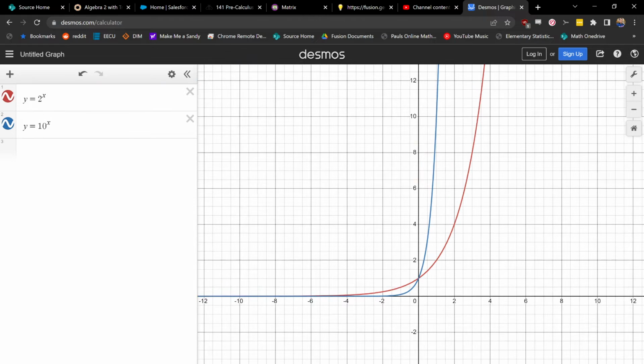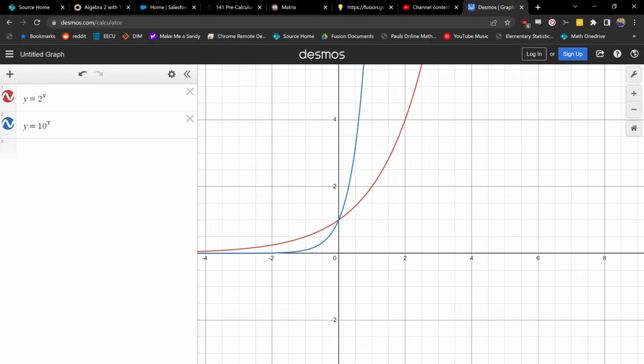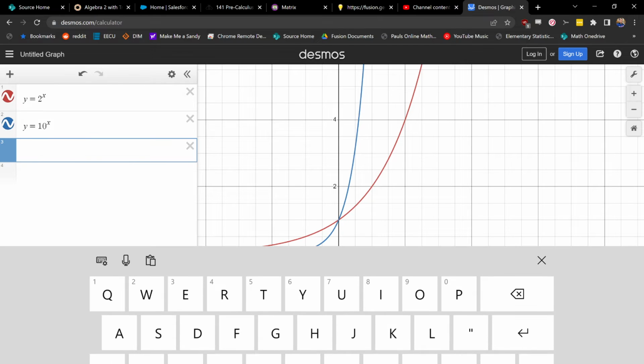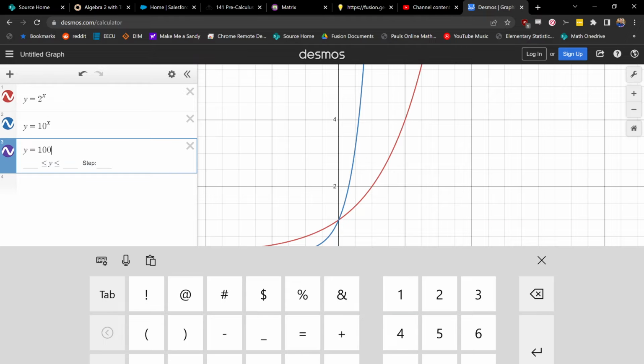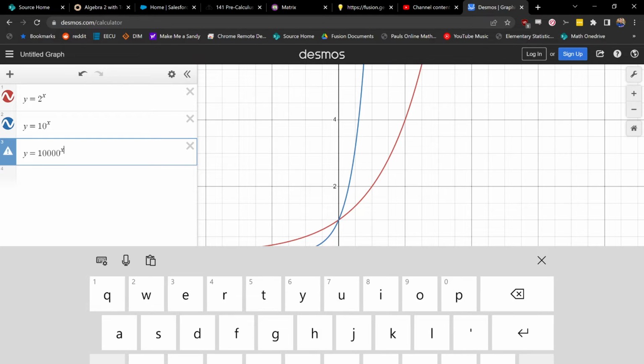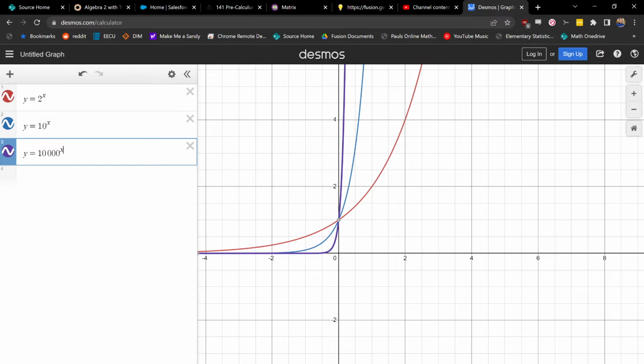Now, recall that no matter what, even if we had y equals 10,000 to the x, it gets steeper still, but they are all going to cross the y-axis at 1. Do you remember why?